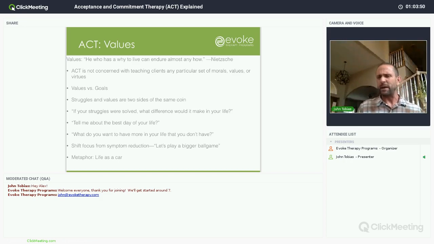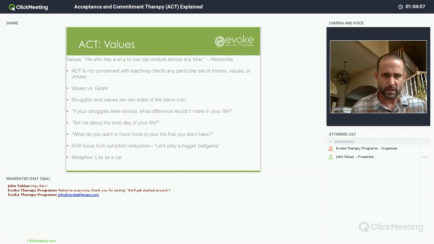Instead, can you play a bigger ball game? That is, can more matter in your life than just this push away or this battle with your internal experience? And I love this metaphor, and I use it often.